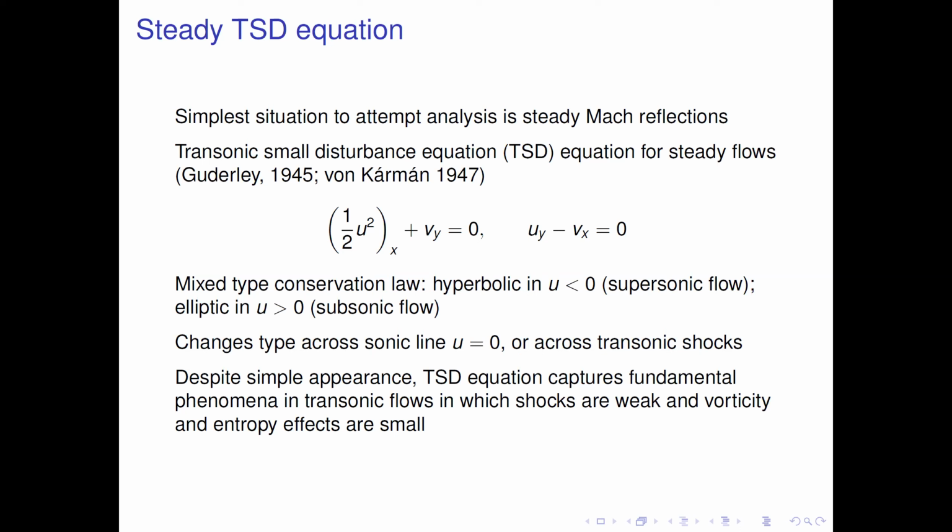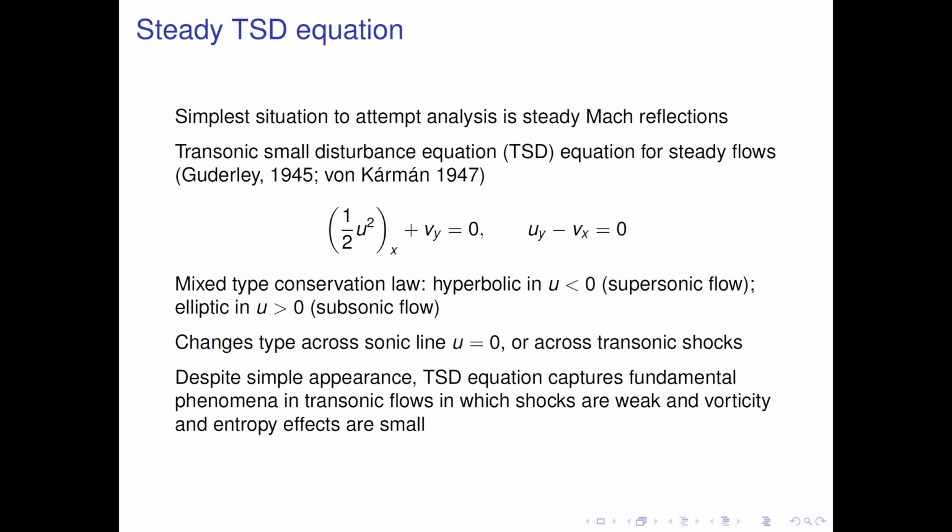So if you look at this, you can see, for example, if you put U equals phi x, V equals phi y, so introduce the potential, you can see these equations become U phi xx plus phi yy. So these are elliptic when U is positive, hyperbolic when U is negative, and degenerate on U equals 0.